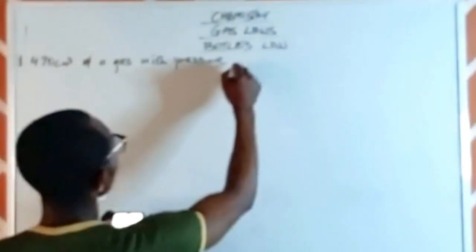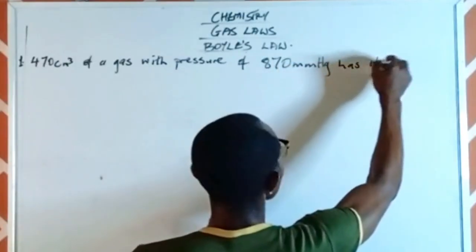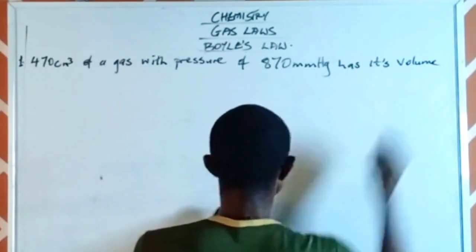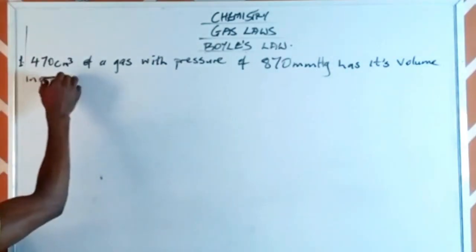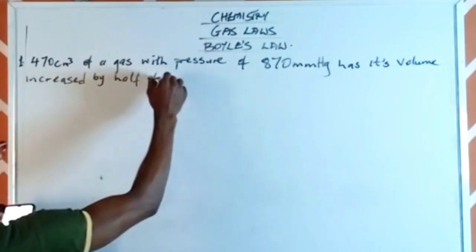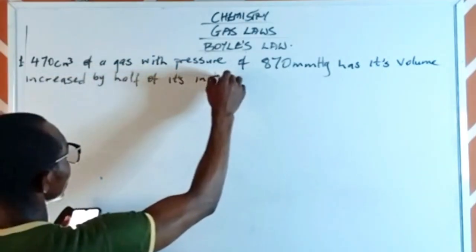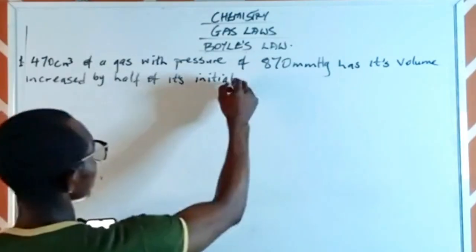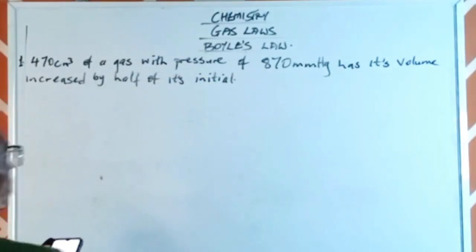One, it says: 470 centimeter cube of a gas with pressure of 870 millimeter mercury has its volume increased by half of its initial.